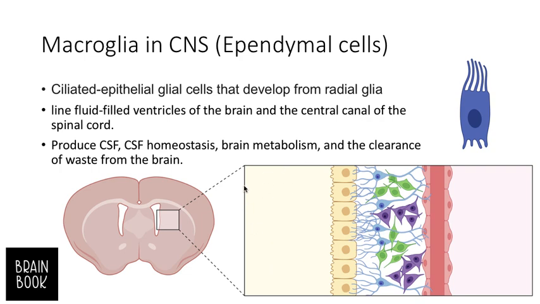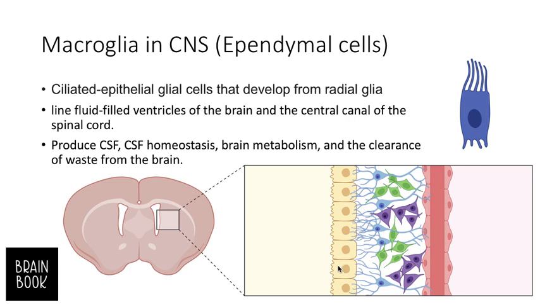As you may know, here is a lateral ventricle in the brain of a mouse, and here we can see a part of the ventricle, where the wall of this ventricle is lined with ependymal cells, and we can see that the ciliated part of these ependymal cells is toward the ventricle.